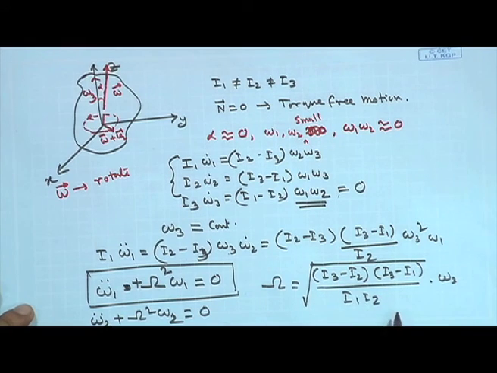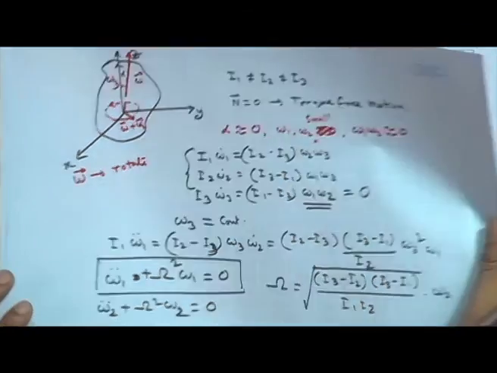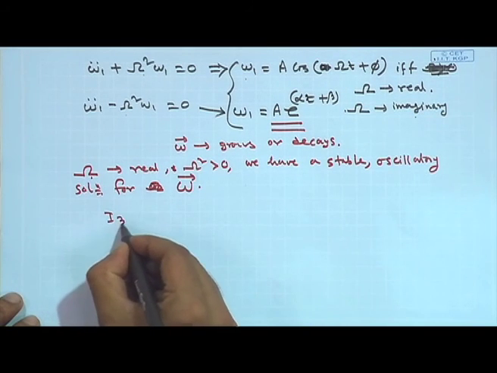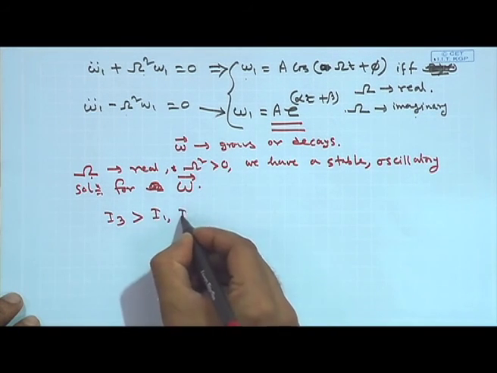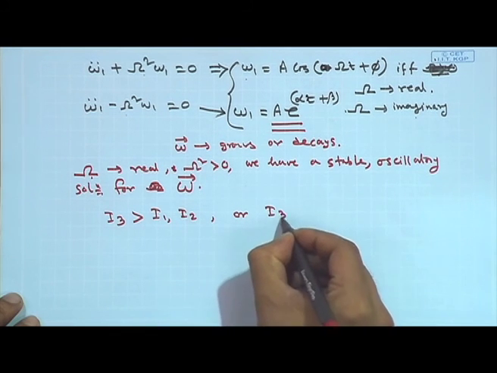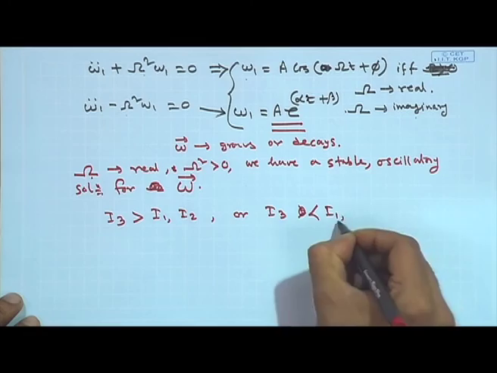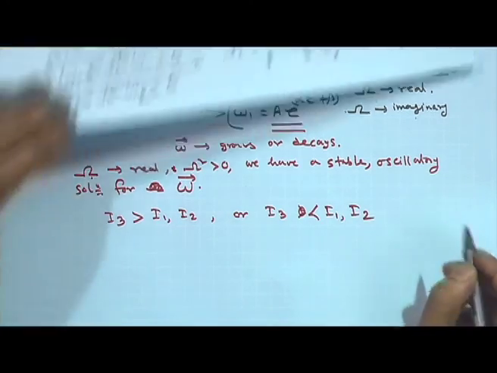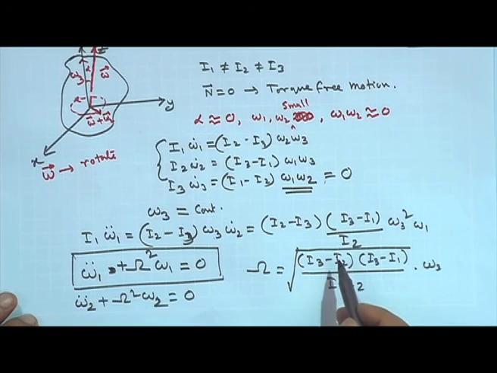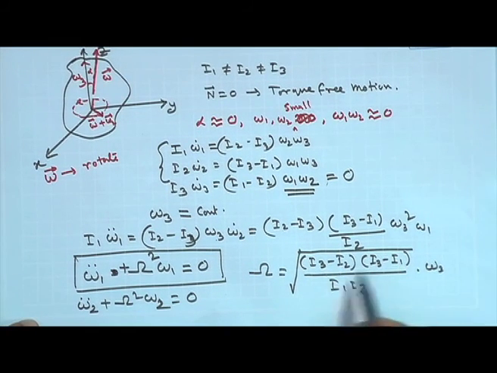In this particular term, if we have I3 greater than both I1 and I2, or I3 less than both I1 and I2, then this term remains positive definite. If I3 is greater than both I1 and I2, then both factors are positive and the multiplication gives positive. If I3 is less than both I1 and I2, then both terms are negative, and the combination gives you positive, and then we have an oscillatory solution.